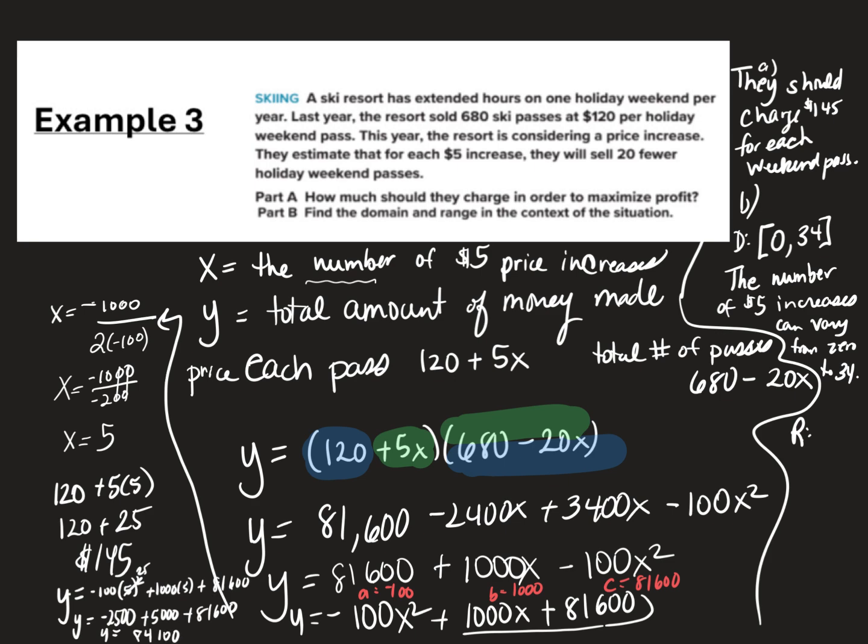So that's your maximum value, 84,100. So my range would be from 0 to 84,100.